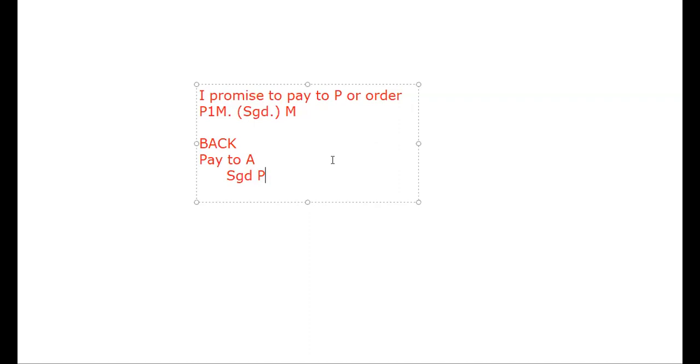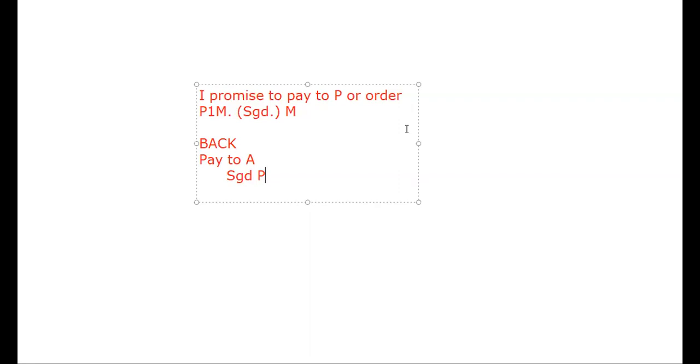Did you notice something in our example about this endorsement? Napansin ninyo? Wala nang 1 million. Wala na yung word na order. But notwithstanding the same, I am telling you that this instrument is still a negotiable instrument. Bakit? Because for purposes of identifying whether your instrument is negotiable or non-negotiable, limit your analysis on what is written on the face of the instrument.